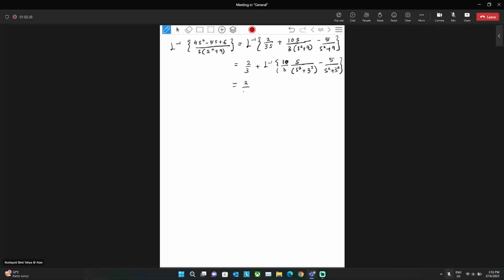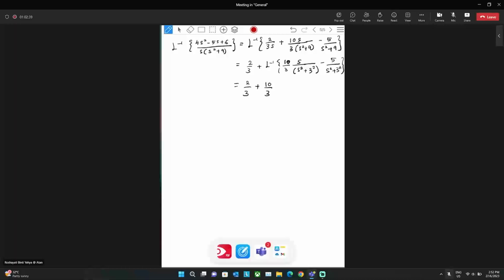Equal to 2 over 3 plus the inverse Laplace transform of 10 over 3 s over s squared plus 3 squared.